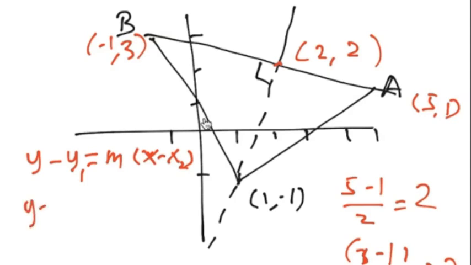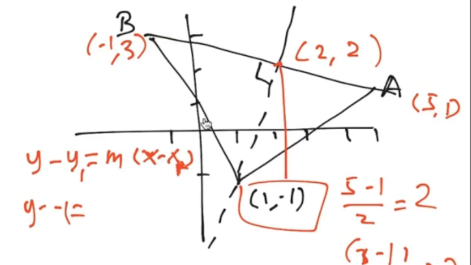So y minus y1, where we'll make this point x1, y1. Wait, sorry, I just realized that in the formula I wrote x minus x2, but it's x minus x1. So this would be y minus negative 1 equals, and the slope is the rise over the run.